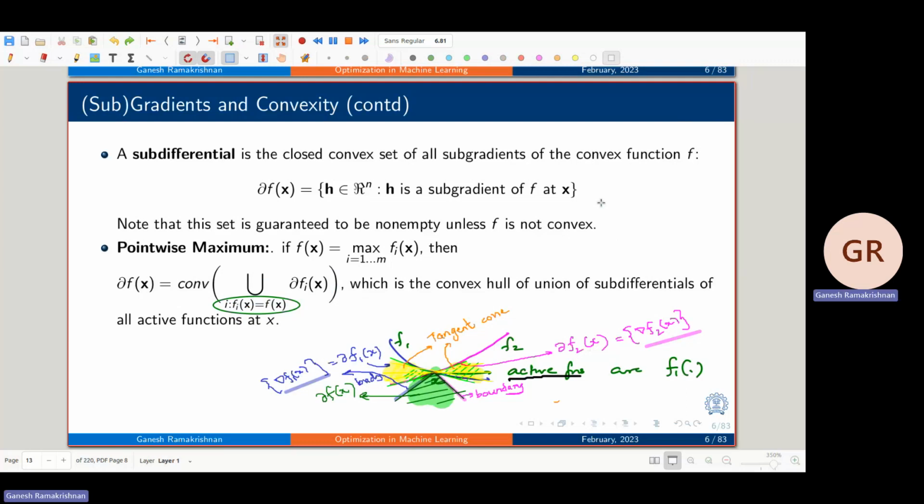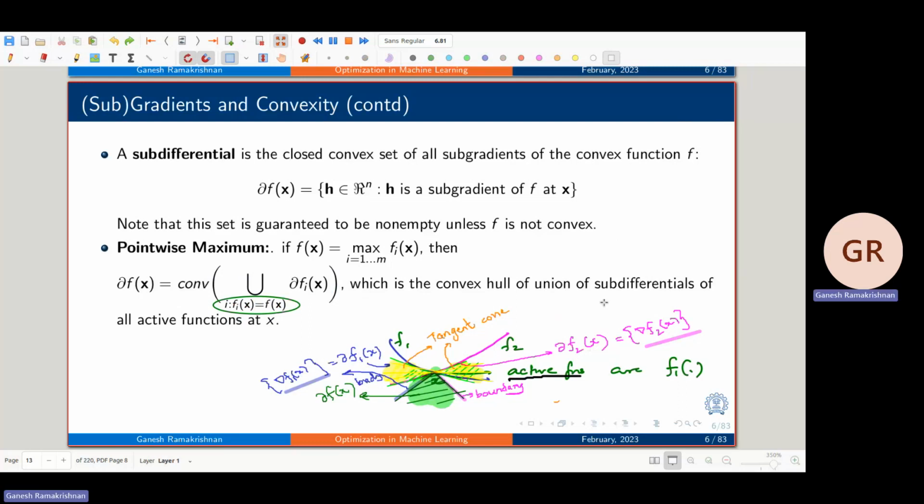So your question is about where it's not differentiable. Oh, so let me try and draw a curve which you're maybe referring to. Okay, I'm going to erase this.